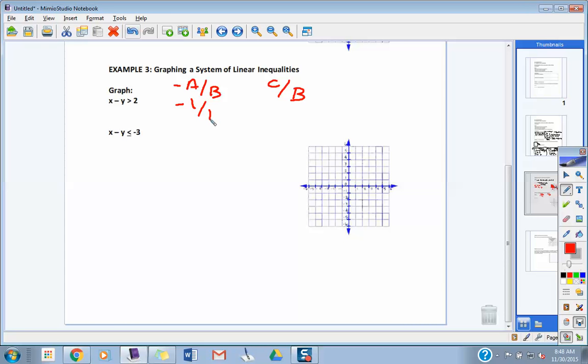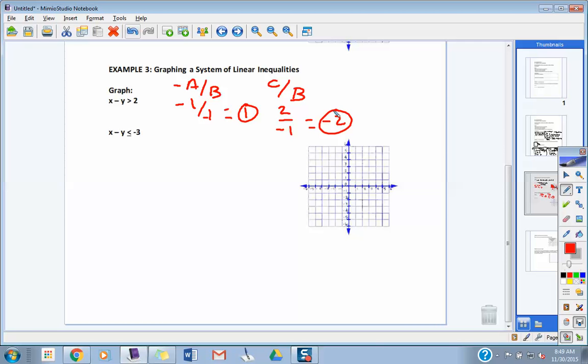So the slope's going to equal negative 1 over negative 1, which is what value? Positive 1, right? How about my y-intercept? C divided by b. It's going to be 2 over, what kind of 1? Which is negative 2. So let's graph that.